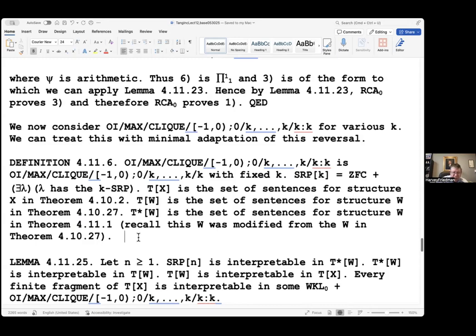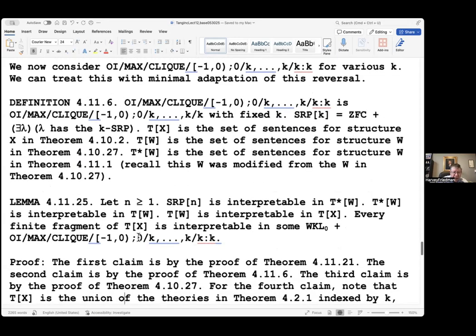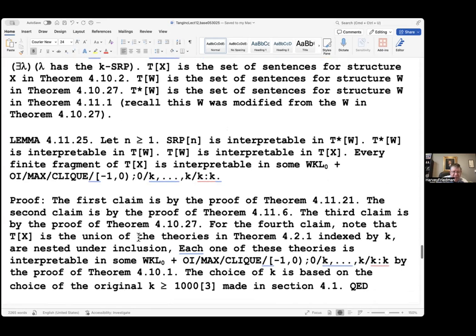All right, so let me just briefly go through what goes on here. The key fact that we want to use from the reversal that we'd already discussed is this. SRPN is interpretable in S star, T star W. And T star W is interpretable in T of W. So this is the back end, the last thing in the reversal, when we pulled out models of the SRPs by doing some large cardinal combinatorics in the non-well-founded structure at the end.